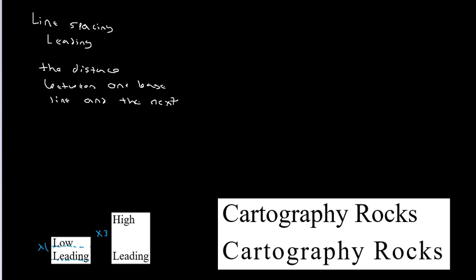And so what leading is actually measuring is this distance here. This distance right here is your line spacing or your leading. And I do want to throw out one more term. When we're dealing with ArcGIS Pro specifically, you will also sometimes see this called gap or gap distance.